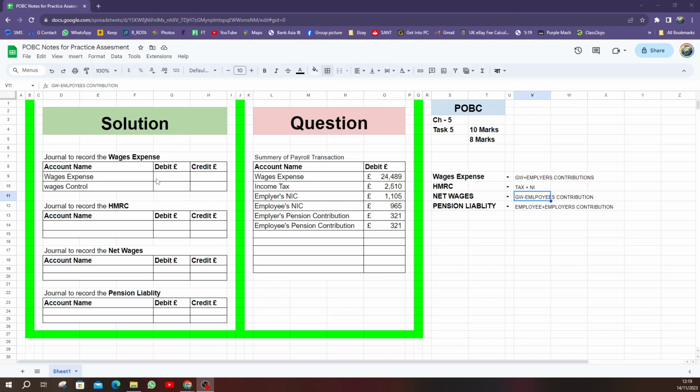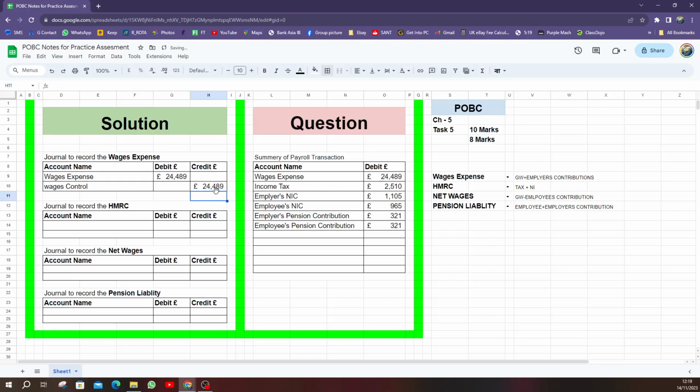So in this scenario as well, wages expense is a debit from the debit column, which is 24,489, our wages expense. So we put a credit to wages control of 24,489.